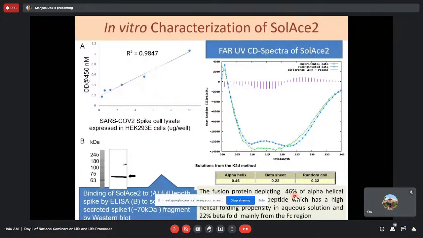We did the CD analysis of the purified protein, and as expected from the fusion of the ACE2 portion and the IgG portion, we see a mixture of alpha helix and beta sheet. The binding of Solase2 to the full-length spike was also shown by ELISA as well as by Western.